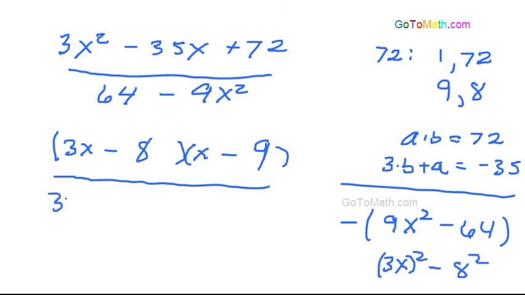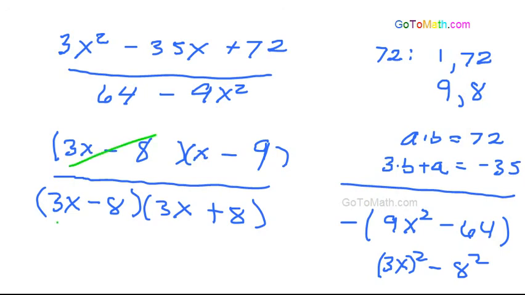So we can go 3x minus 8 by factoring that, and 3x plus 8. And as you can see, we got a term in the numerator that is equal to the term in the denominator, and we're going to be left with, okay, battery's getting low, an x minus 9 over 3x plus 8.